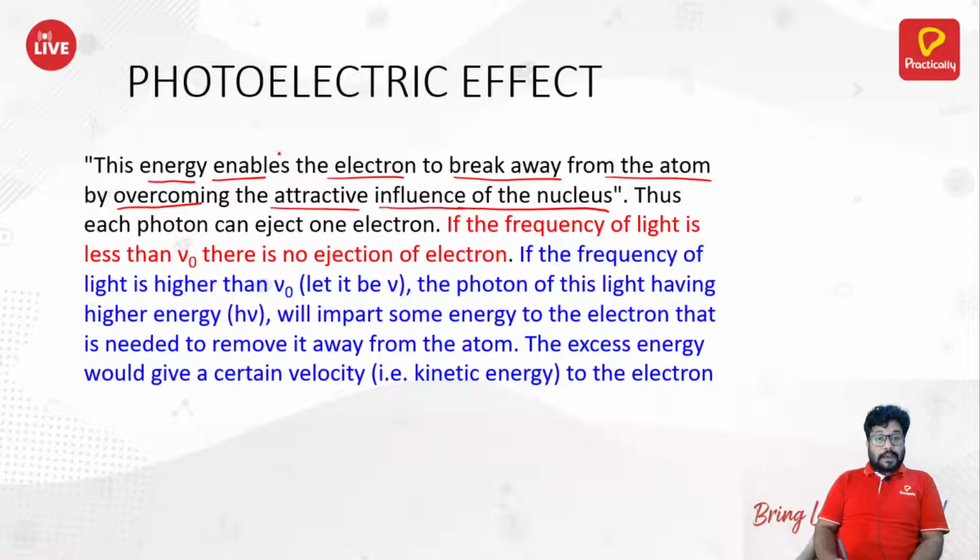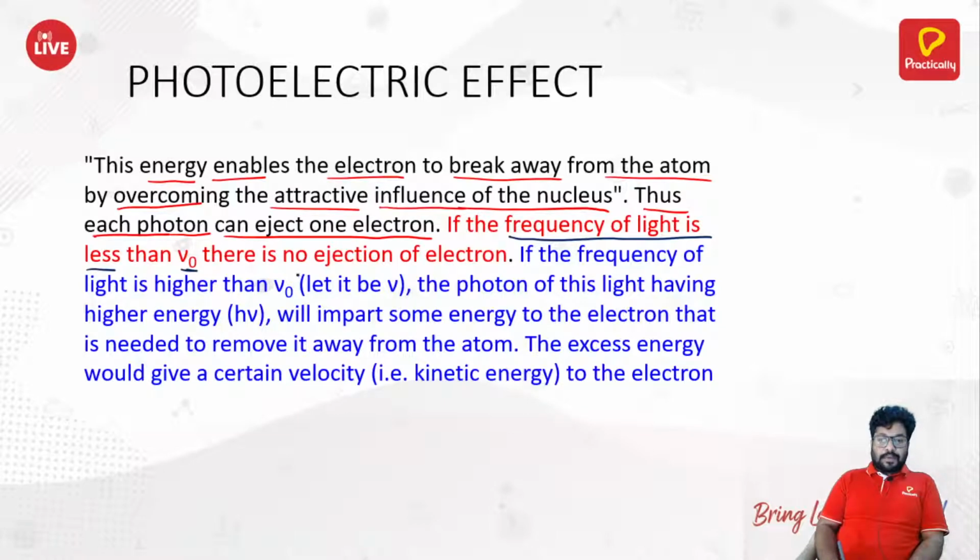So the energy which we are providing in the form of radiation to the metal surface enables the electron to break away from the atom by overcoming the attractive influence of the nucleus. Thus, each photon can eject one electron.